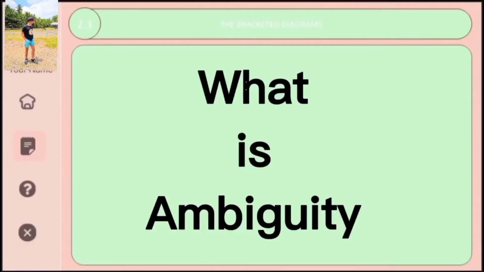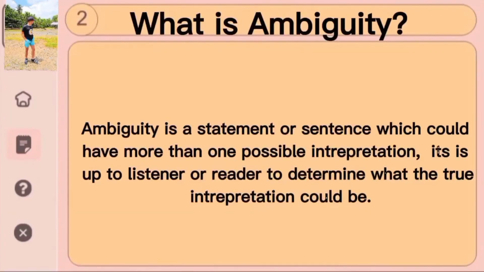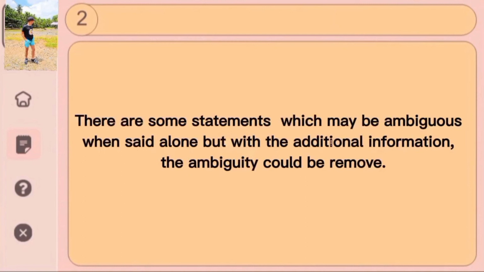For now, I'm going to discuss what is ambiguity. Ambiguity is a statement or sentence which could have more than one possible interpretation. It is up to the listener or reader to determine what the true interpretation could be. There are some statements which may be ambiguous when said alone, but with additional information the ambiguity could be removed.